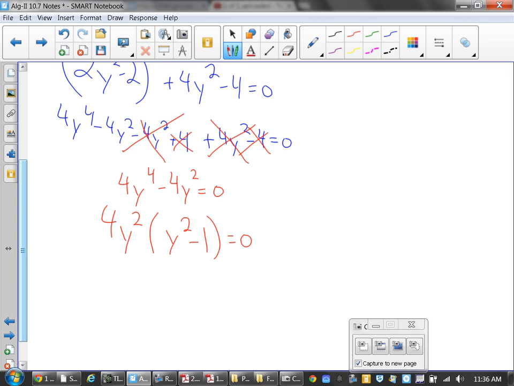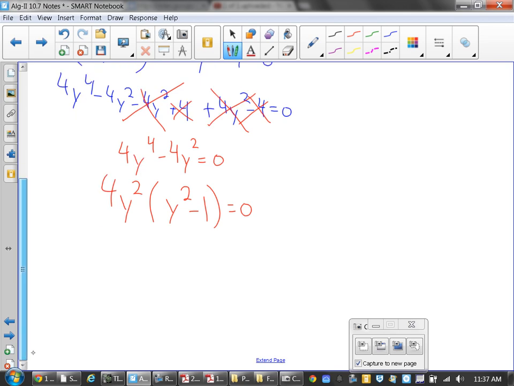That's your GCF, that's your first rule of factoring, guys. It hasn't changed. Do we now have 2 terms? So y squared minus 1. So I have 4y squared equals 0. What's y here?